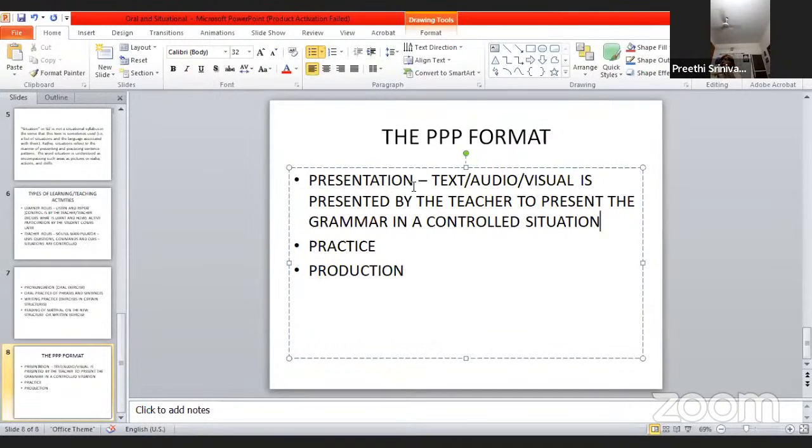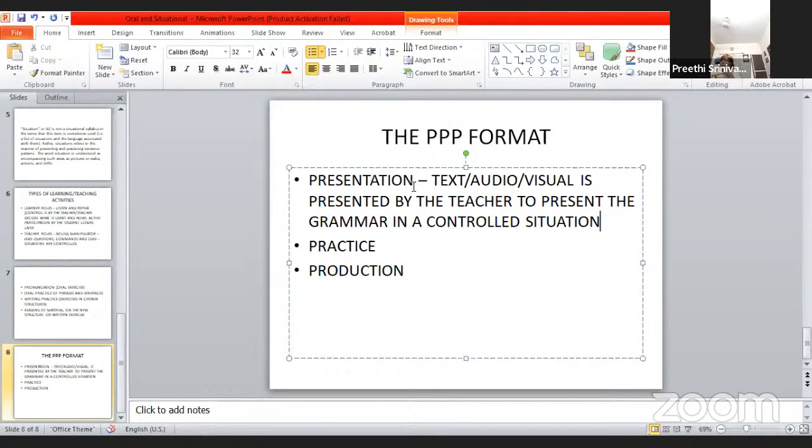Right? So they have this kind of videos, audio visuals, texts, which they use to teach a certain structure. Similarly, singular and plural. They show one apple, and add one more apple.